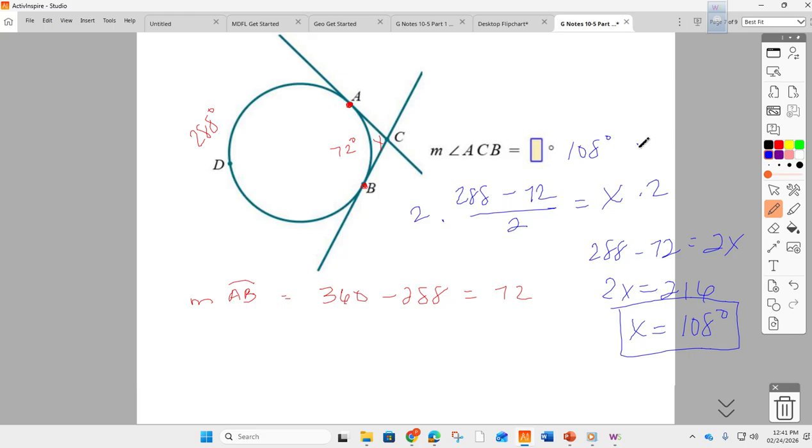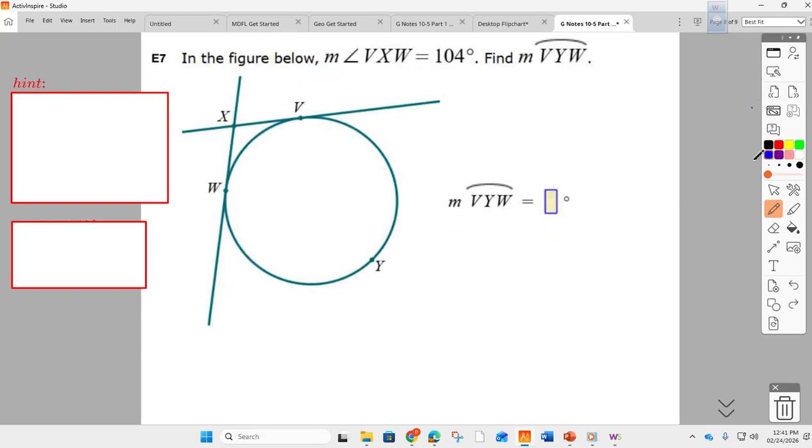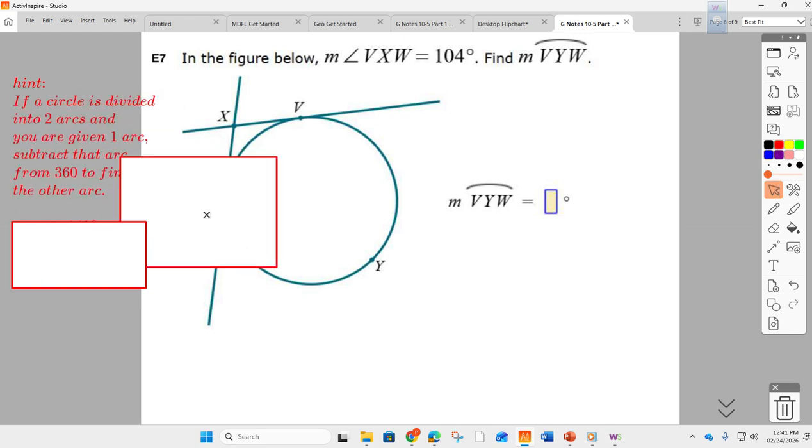Okay. This last one is the one I was telling you. You have to remember, and you don't have to write this down, but if the circle is divided into 2 arcs exactly, and you're given 1 arc, we know, we just did it, to find the second arc, we just subtract from 360, right?